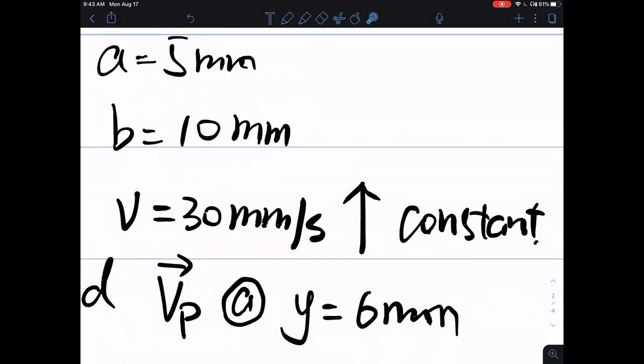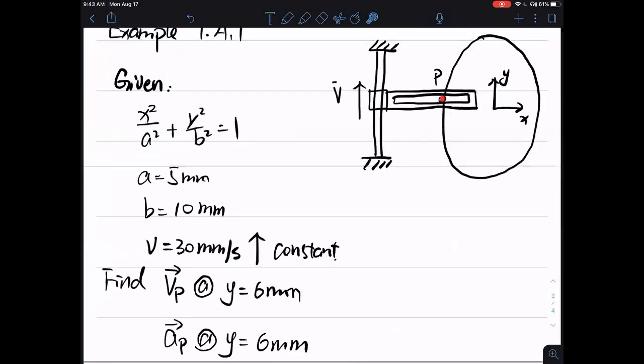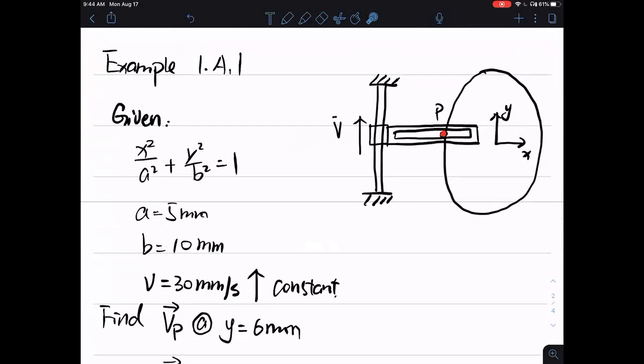If you have a textbook, you can read what is v. V is the speed of that collar moving in y direction, right? So v, this is v here. V is the speed in y direction only.